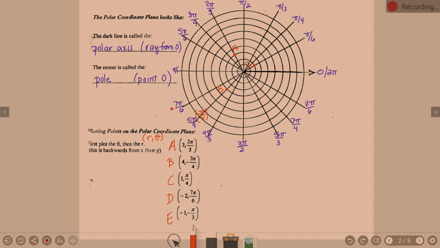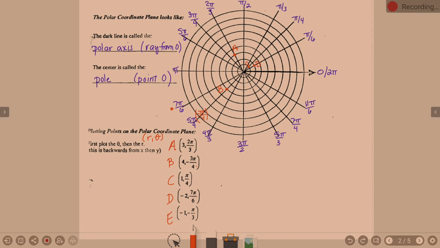So this is point D. Just like angles on the unit circle, these points have multiple different options. So this point D, I would just call this 2 comma pi over 6. But is that what we just graphed?